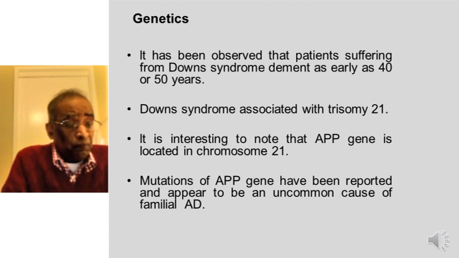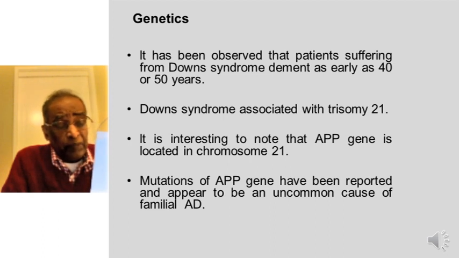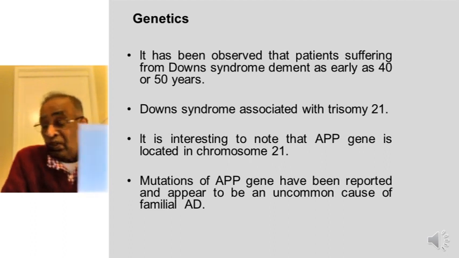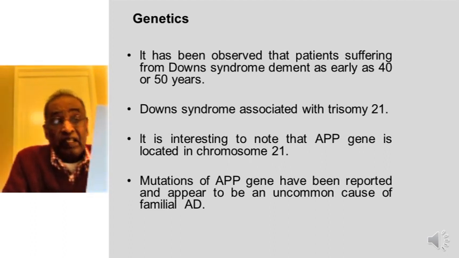Down syndrome, associated with trisomy 21, is interesting, as the APP gene is located in chromosome 21. Mutations of the APP gene have been reported and appear to be an uncommon cause of familial AD.